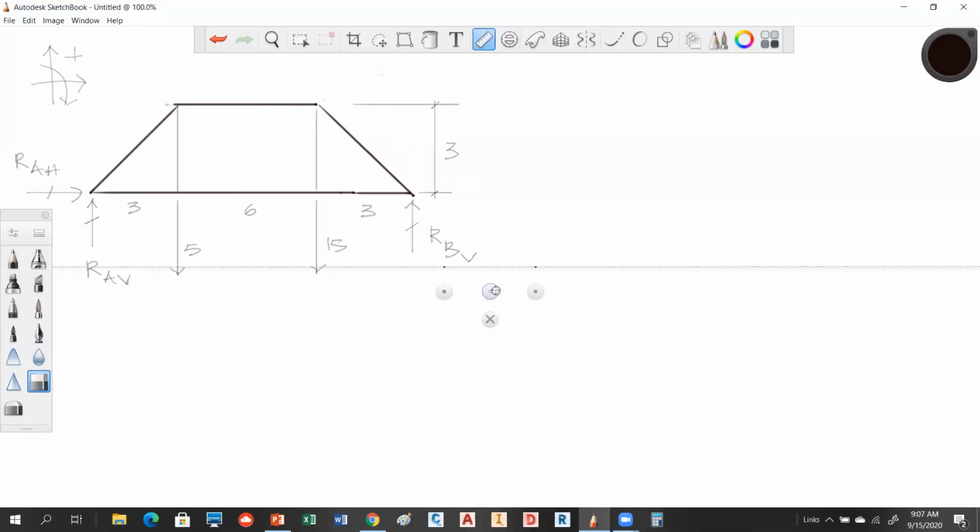So I know I'm going to have one component coming this way. Other component coming this way. So we've got 45 cosine and sine, same number, right? So 2 times the cosine of 45, I get 1.41. So this guy is 1.41, and this guy is 1.41.